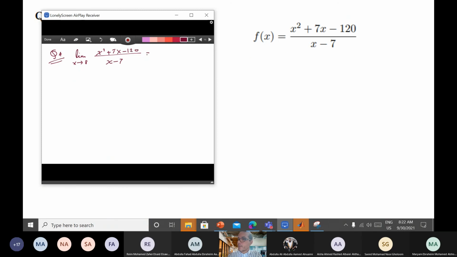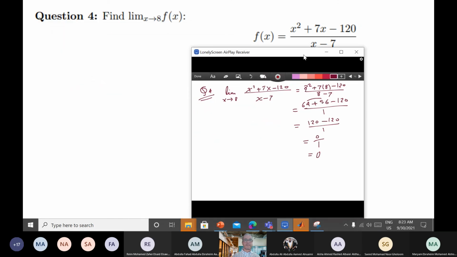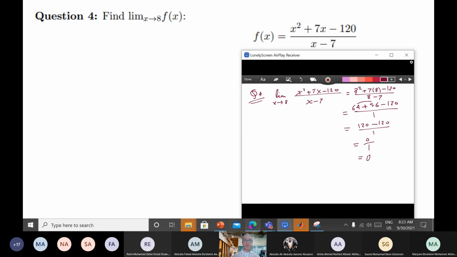Now if I substitute by x equal to 8, what do you have? 8 squared plus 7 times 8 minus 120 over 8 minus 7. So 8 squared is 64, plus 7 times 8 is 56, minus 120. 8 minus 7 is 1. 64 plus 56 is 120. So you end up with 0 over 1. So the limit is equal to 0. Easy? Yes. Good.